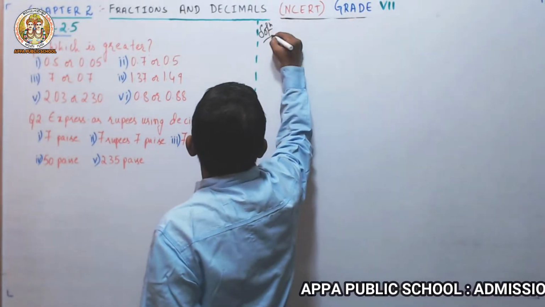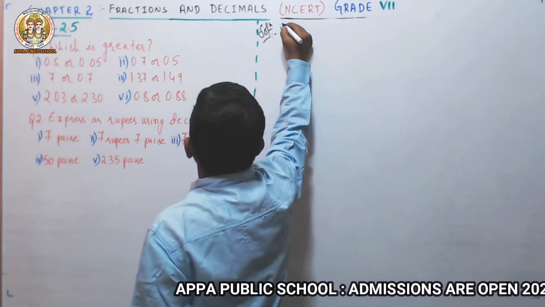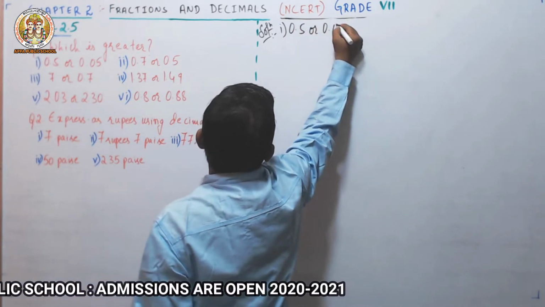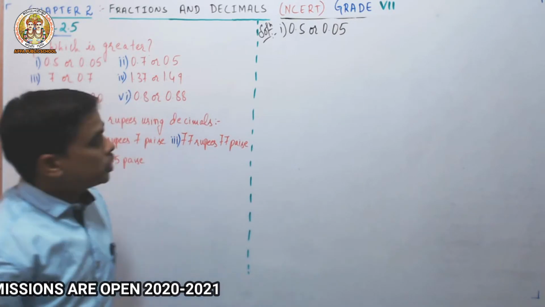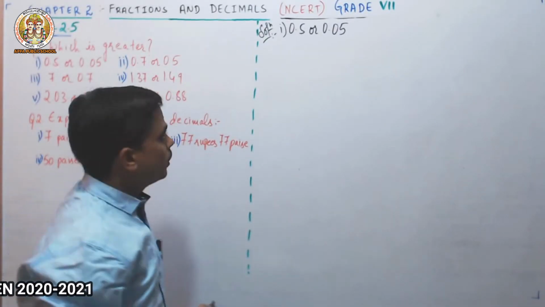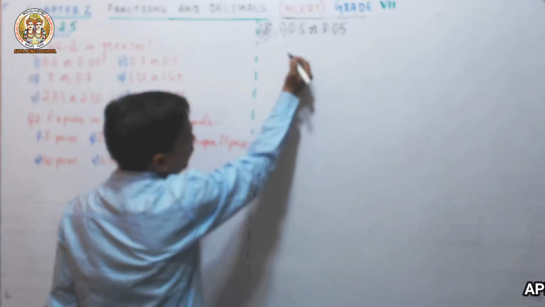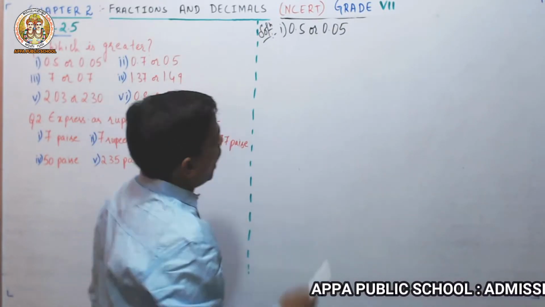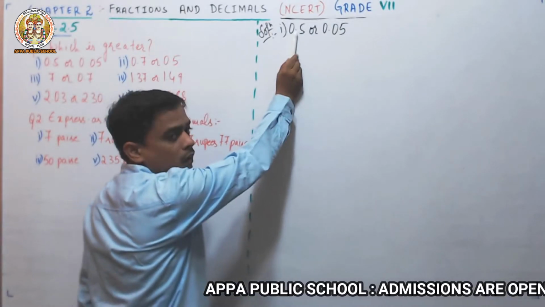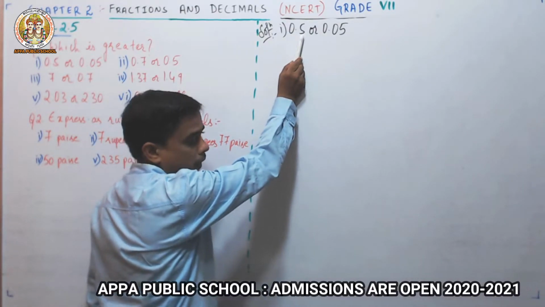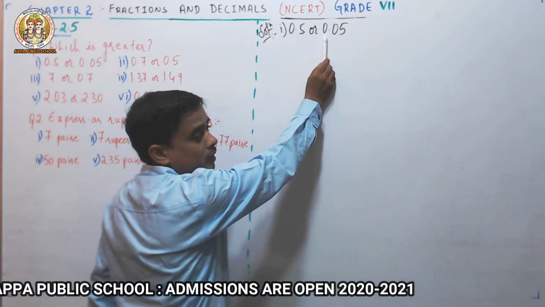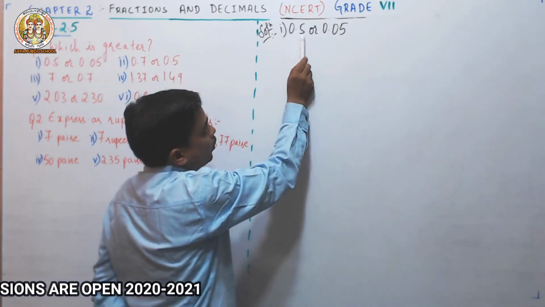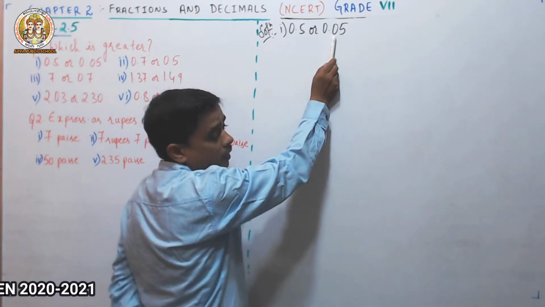Solution. That is the first bit. The question is 0.5 or 0.05. Here you have to write which one is greater. After the decimal point, I have 5 here and 0 here.